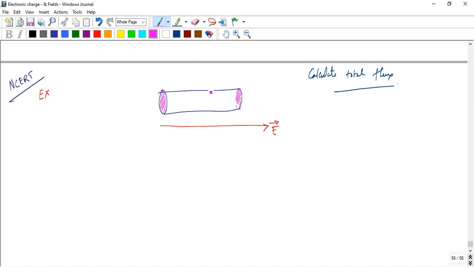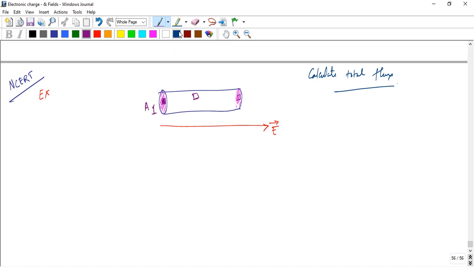So consider the three faces, front, back, and the curved surface. Choose a small area on the first face; this area is called A1.